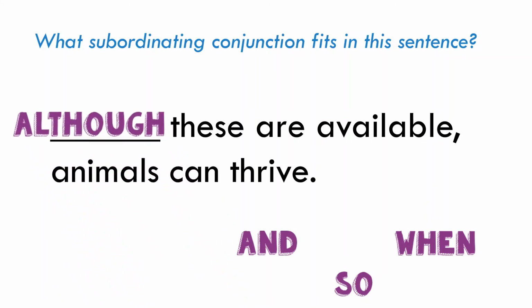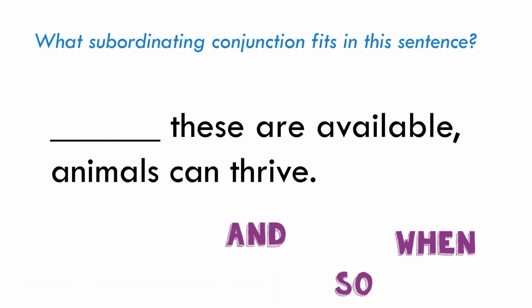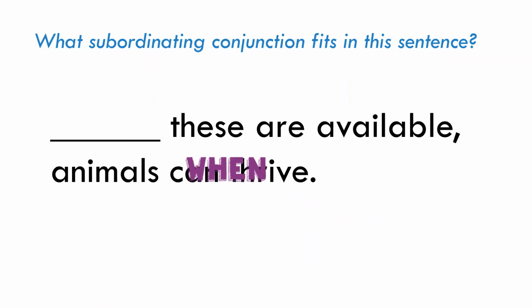That one doesn't work as well. What about and? And these are available, animals can thrive. Nope. We'll try so. So these are available, animals can thrive. Not that one. We'll try the last one, when. When these are available, animals can thrive. We've got a winner. This one makes sense.